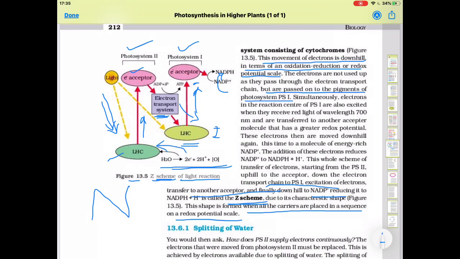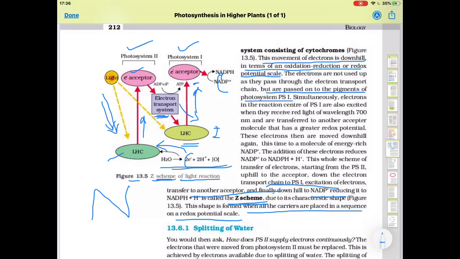How can the LHC of PS2 provide electrons continuously? The electrons that moved from PS2 must be replaced. This is achieved by electrons made available due to the splitting of water.